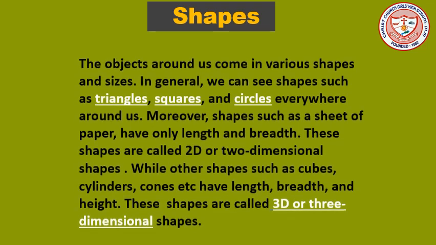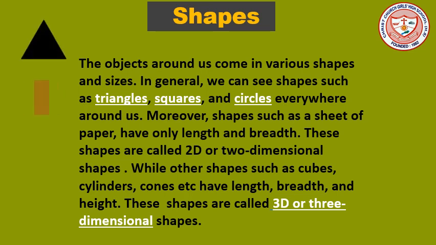The objects around us come in various shapes and sizes. In general, we can see shapes such as triangles, squares, and circles everywhere around us. Moreover, shapes such as a sheet of paper have only length and breadth.